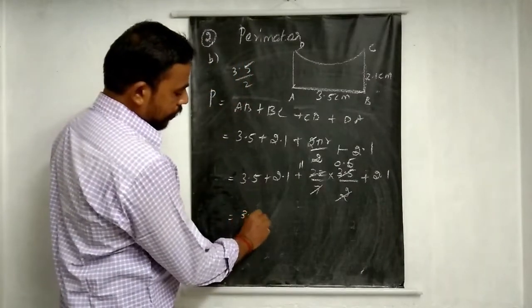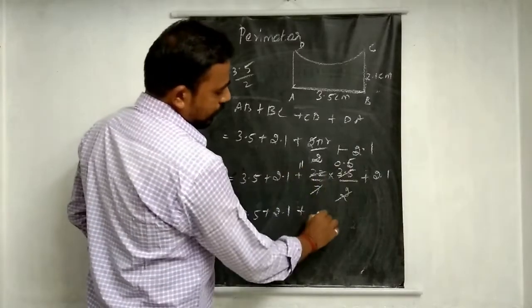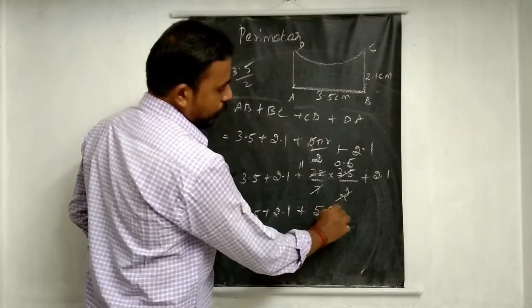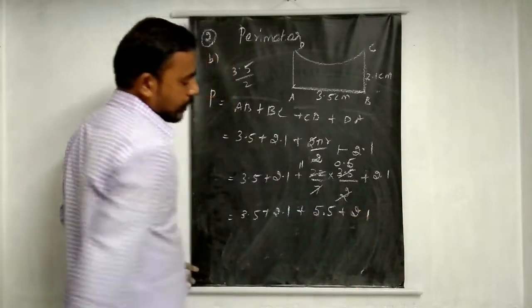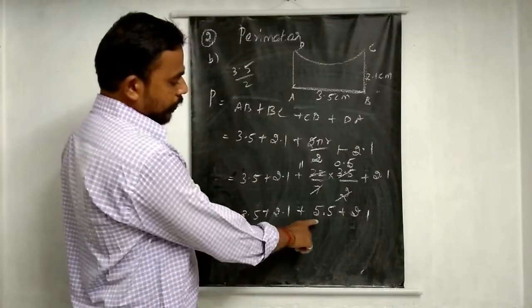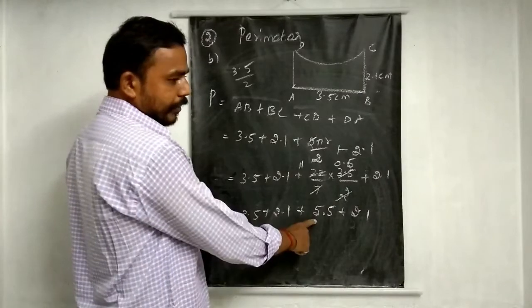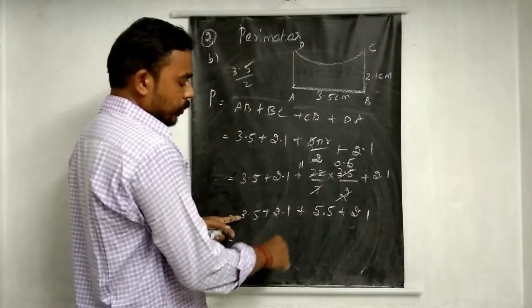So 3.5 plus 2.1 plus 11 5s are 55, one decimal, so 5.5. Plus 2.1. Add these values. 3.5 plus 5.5 is 9, because 3 plus 5 is 8, 8 plus 0.5 plus 0.5 is 9.